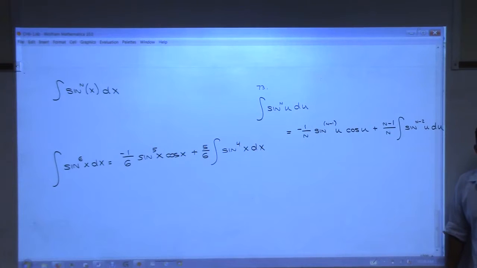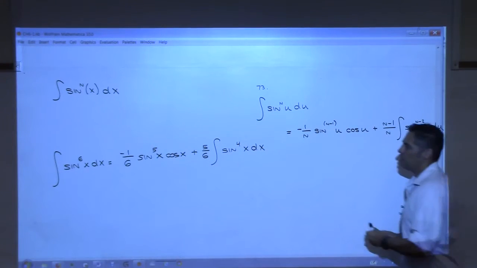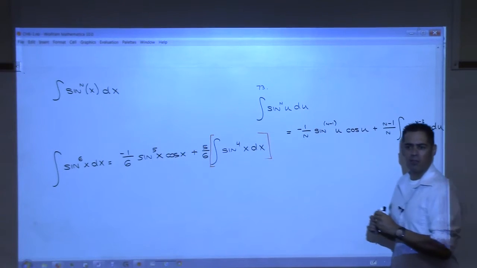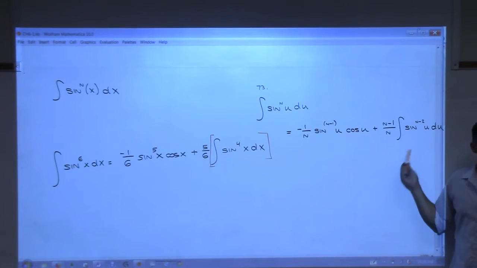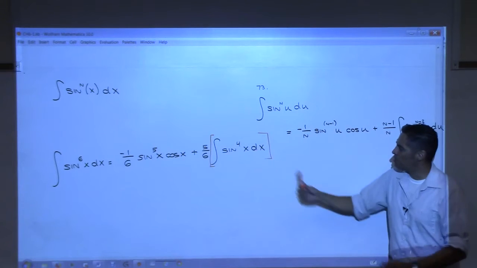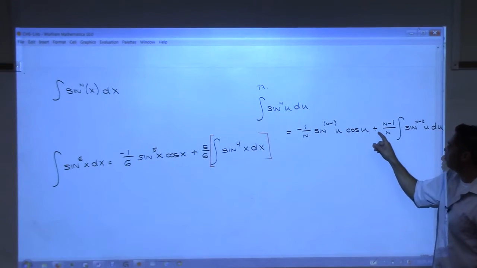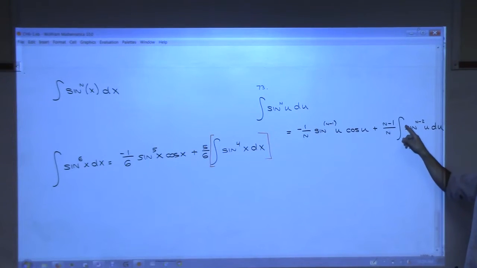Okay? And then what you would do is you would go figure out what sine to the fourth x dx is. That integral, and you'd reuse this formula again. So what's in that orange box would become negative 1 over 4 sine to the third x cosine x plus 3/4 integral sine to the second power this time, right?